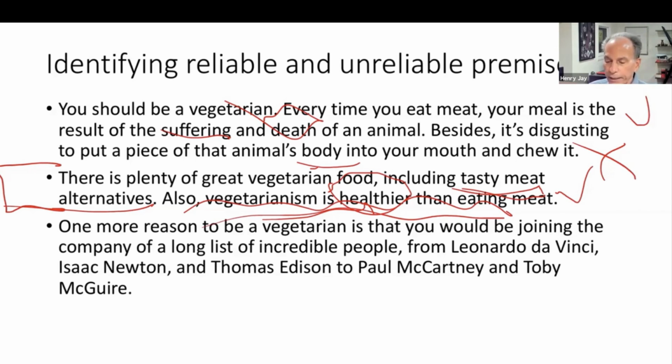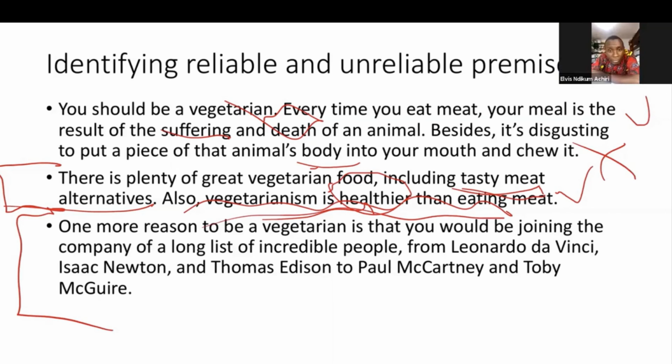Now, one last premise. Here's one more reason: you're joining a company of a long list of incredible people. So what's the reliability of that premise in order to convince you why you should be a vegetarian?